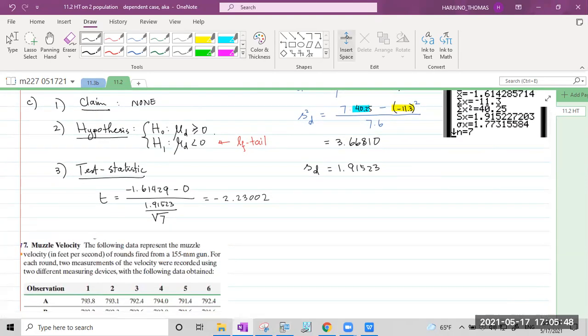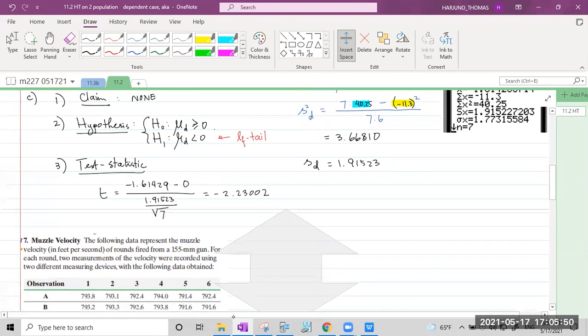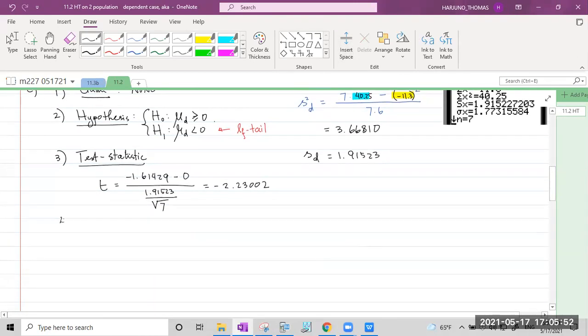How about the p-value? That's a left tail, and it's a t-test. So this is negative 2.23002.